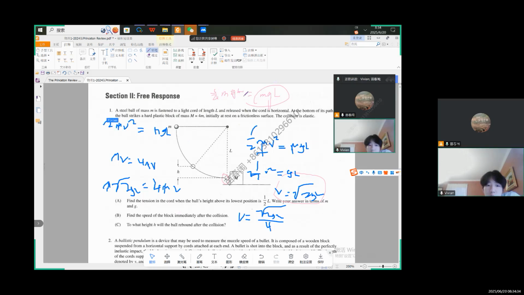Okay, so then we can cancel this out too. So the velocity v should be mg. Wait. It equals the energy after, but the energy after is splitting into 2 parts. One is the little ball, the other one is the block.